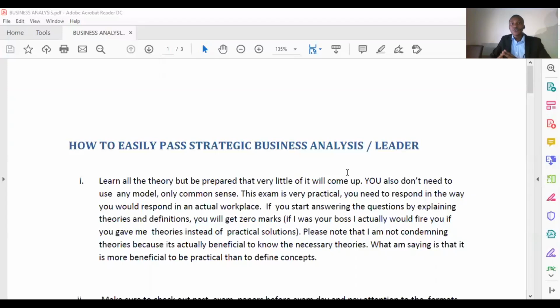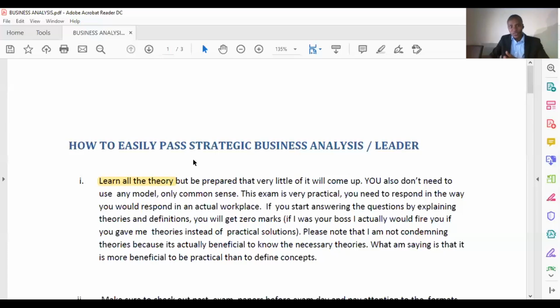In order for you to pass Strategic Business Analysis, or Business Leader for ACCA, the first thing you must know is that it's okay for you to learn all the theories. Now, it's not just about learning all the theories.